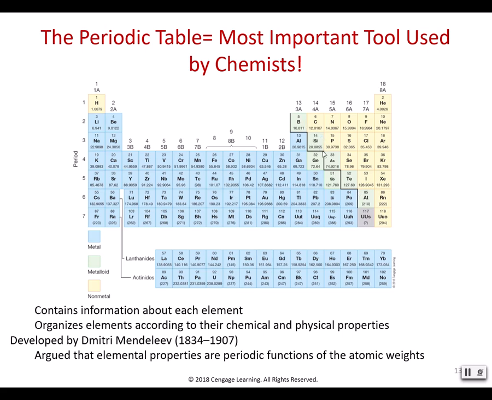Once you get to the staircase, then you have the metalloids or semi-metals, and then the nonmetals to the right. So you should know that there are 3 main types of elements in the periodic table: metals, metalloids or semi-metals, and nonmetals. And know that elements are organized in terms of groups and in terms of periods. So those are some general basic trends for the entire periodic table.